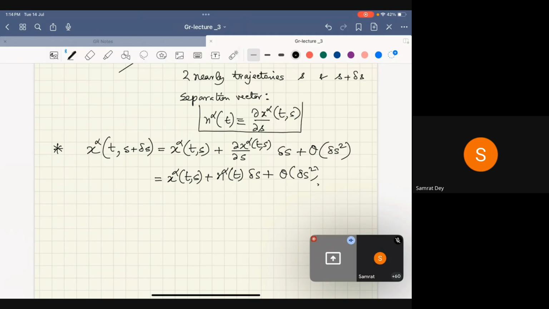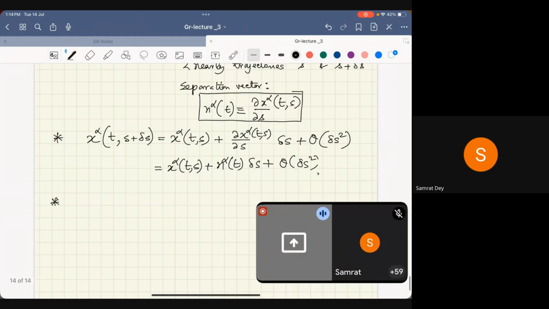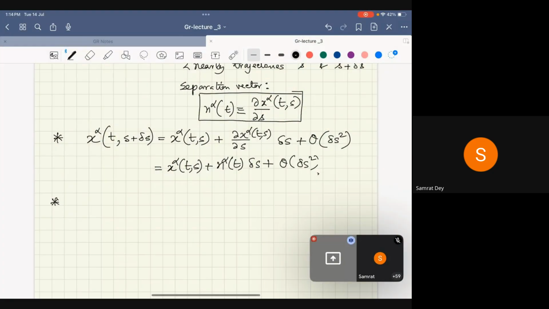Now I take this definition and I want to ask the question: what is the acceleration of this separation vector?